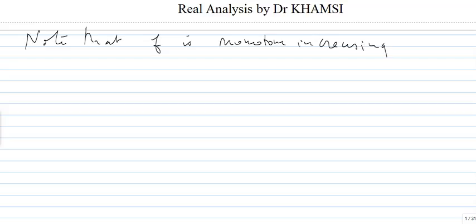So, first of all, note that f is monotone increasing if and only if minus f is monotone decreasing.